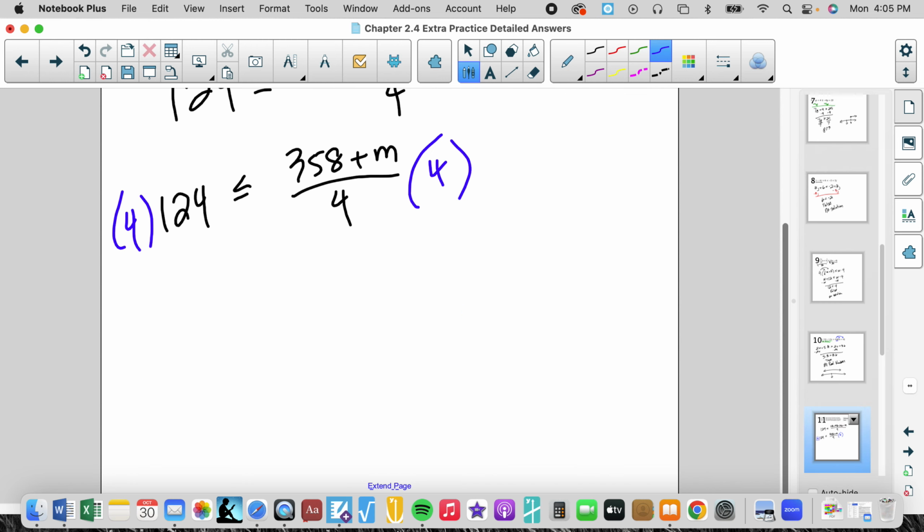the vinculum, the fraction bar, is a grouping symbol. So 4 times 124 is 496. Let's do it, 124 times 4, checking. 496 is less than or equal to 358 plus m.